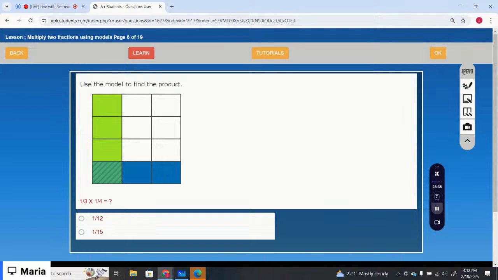Use the model to find the product. That is 1 over 12. Option number 1 is the correct option.